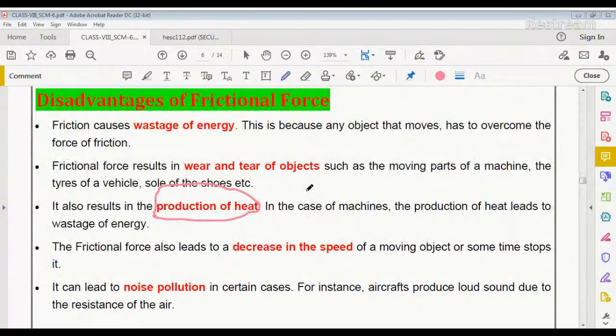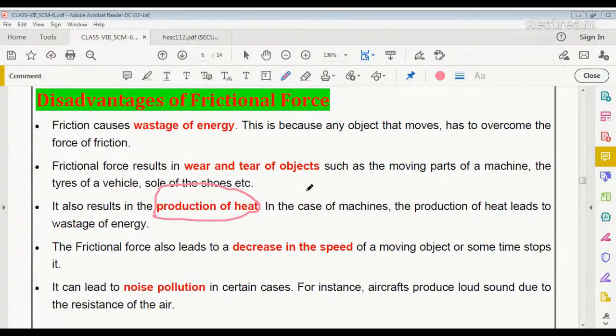Let's move on to the next. For example, you might have observed that the jar of a mixer becomes hot when it runs for a few minutes, isn't it? And you can cite various other examples in which friction produces heat.